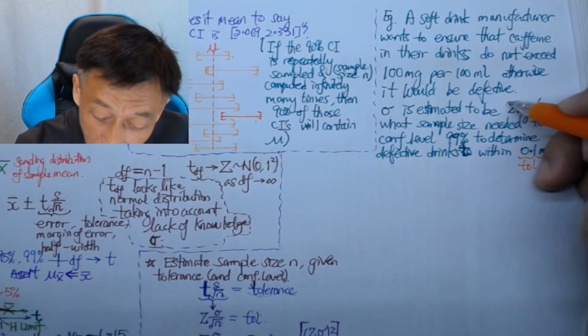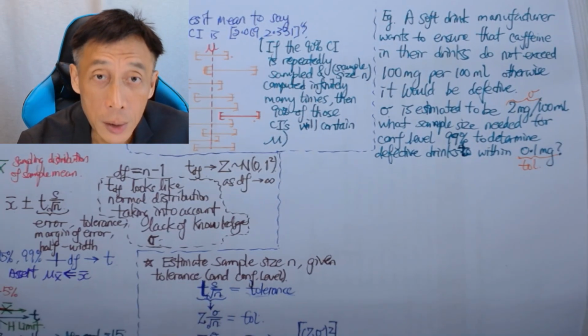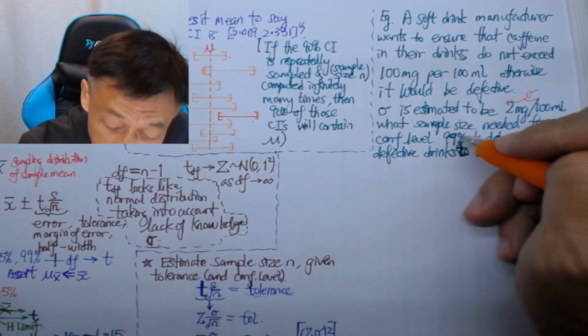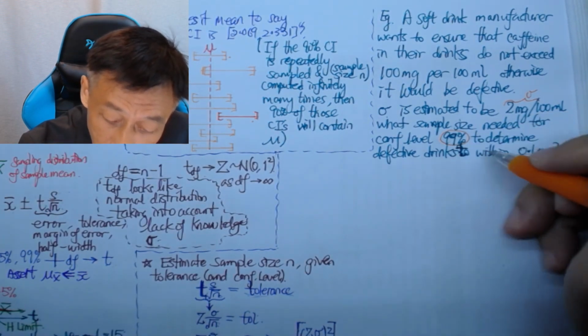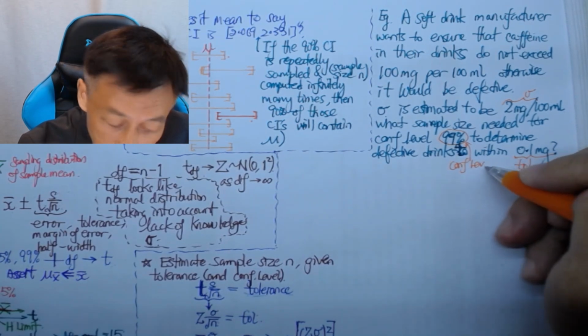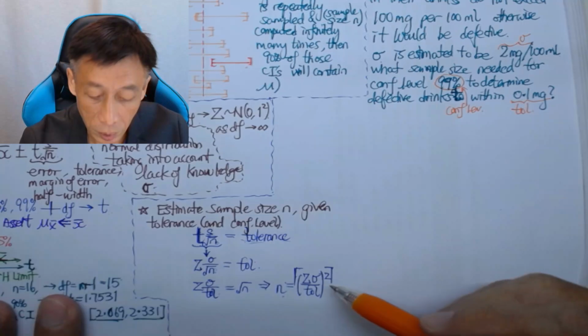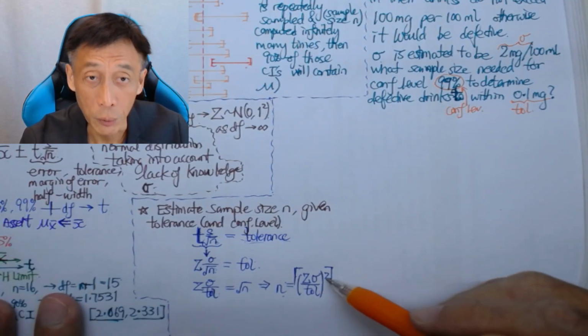This is our sigma clearly, and we also have this, our confidence level. So we need three numbers. We need the Z, we need the sigma, we need the tolerance, and we are done.